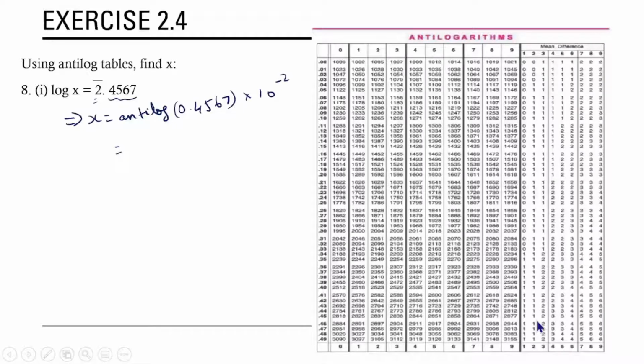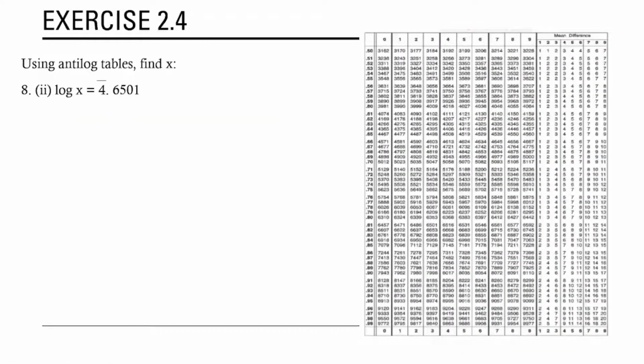Then we see the mean difference corresponding to the next digit, which is 7. It is 5. So 2858 plus 5 is 2.863 into 10 raised to minus 2. Now 2.863 into 10 raised to minus 2 is 0.02863.